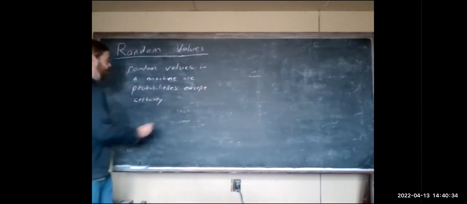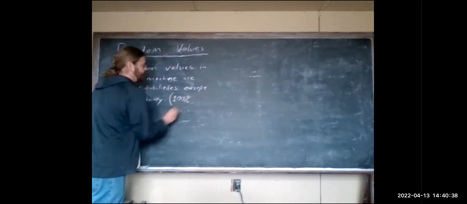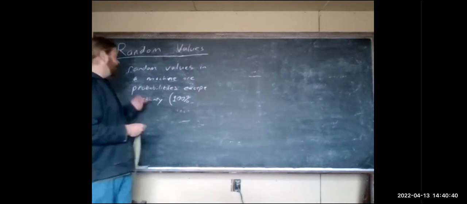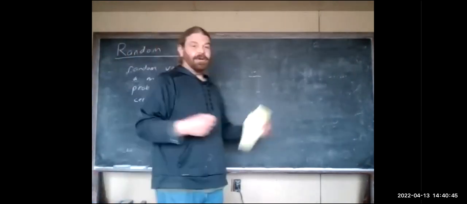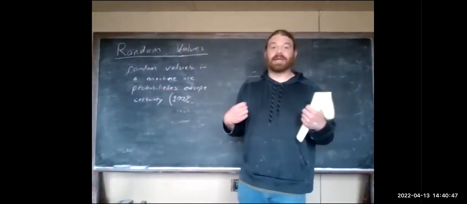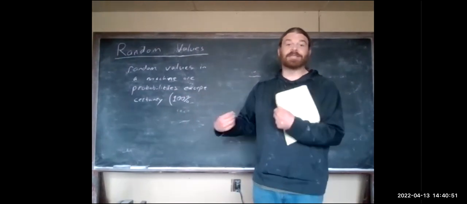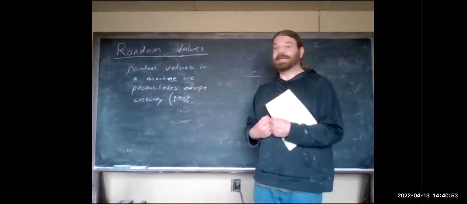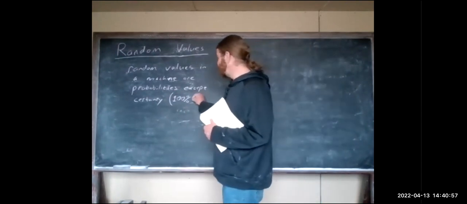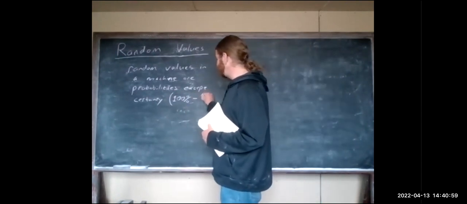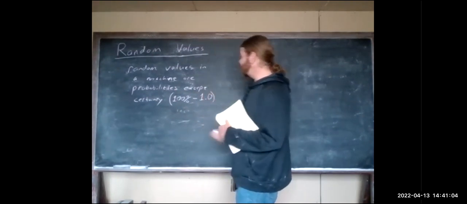And by certainty, that means 100% chance. So we look at a probability, the two ends of our spectrum: never occurs, 0% chance, no possibility of happening, versus absolutely certain that it happens, or 100% chance. We don't want that certainty. So we take out the exact 1.0.